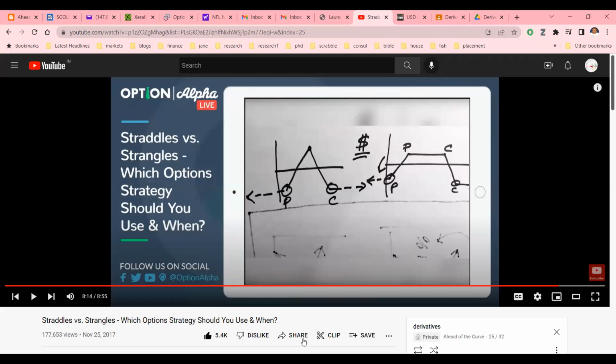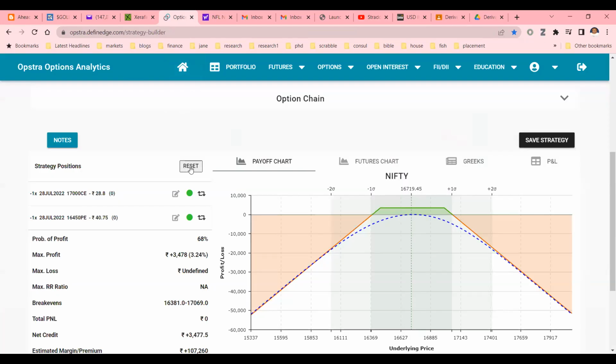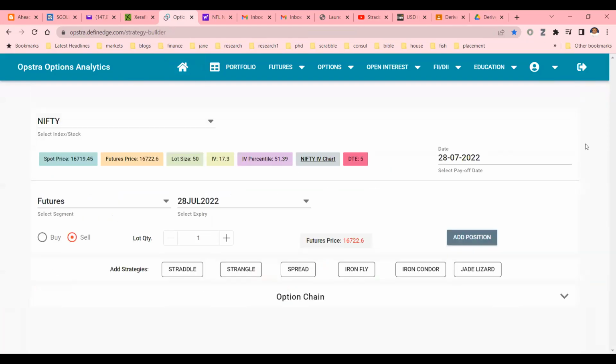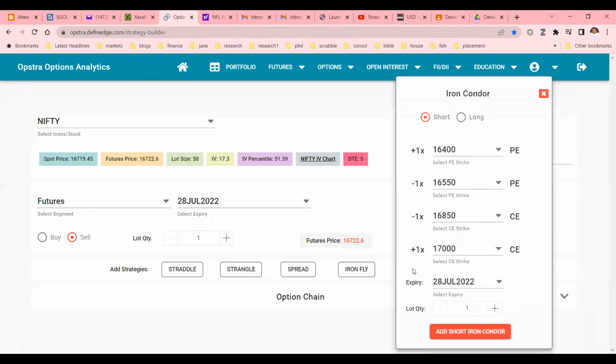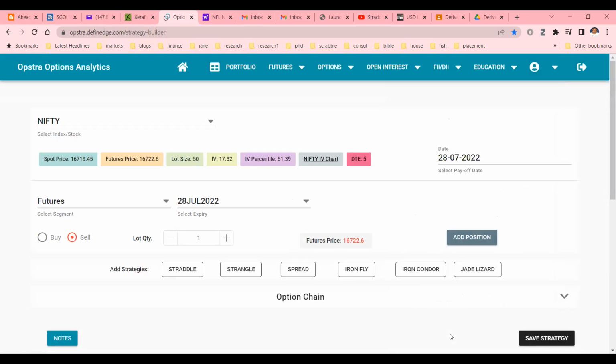Yes. So let me go ahead and summarize for those who did not attend yesterday's class. So the iron condor basically involves puts and calls.